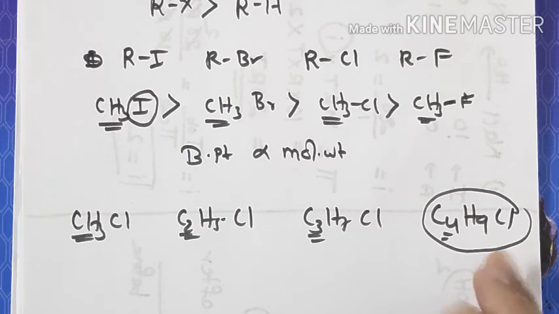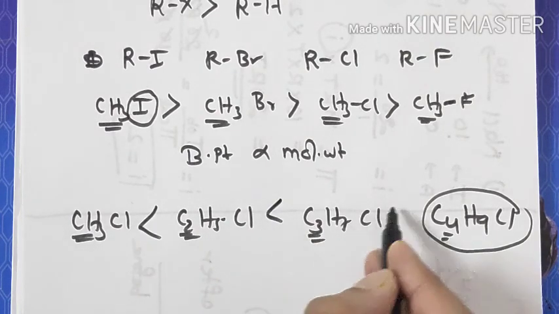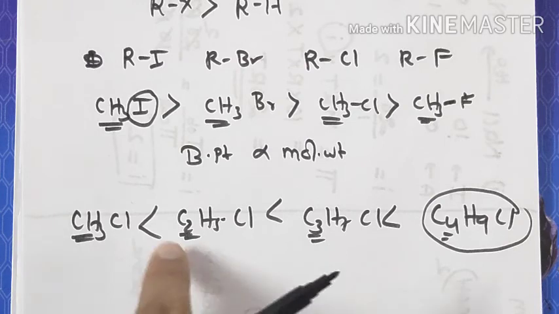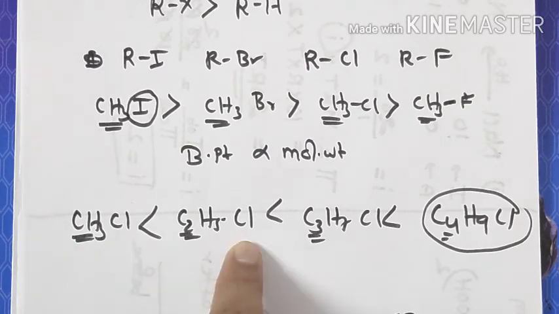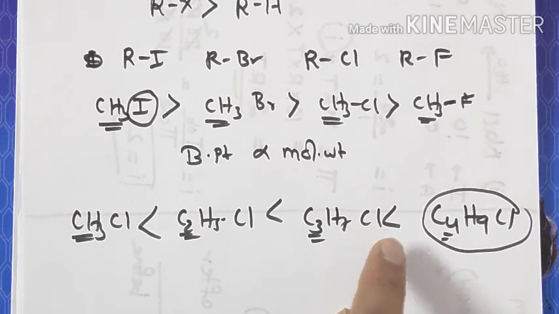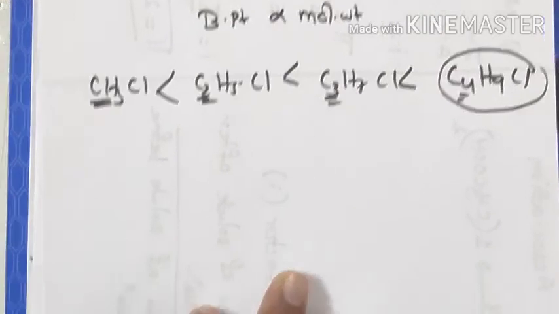This will be the least one and this will be the highest one. Clear? So if the halogen is the same, the one with the higher number of carbons will have the higher boiling point. Okay, student? Now, next one.